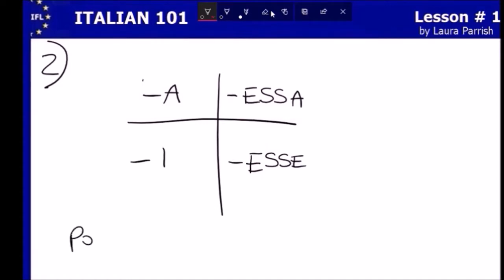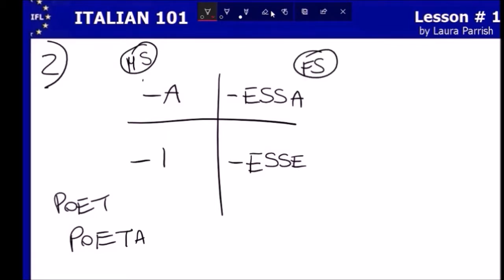For example, if we have poeta, poeta is a poet. It ends in a, so we know it's masculine singular. If we want to make it feminine singular, we have to delete the last letter, so we have the stem, and then we add the desinence to the stem. In this case it becomes poetessa.